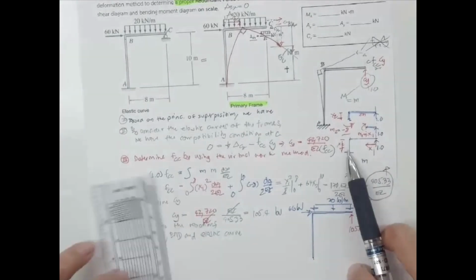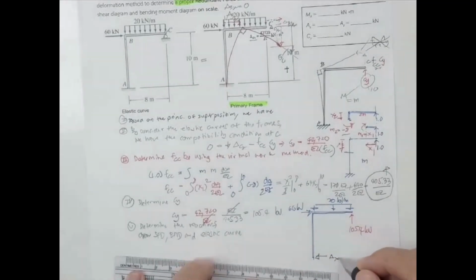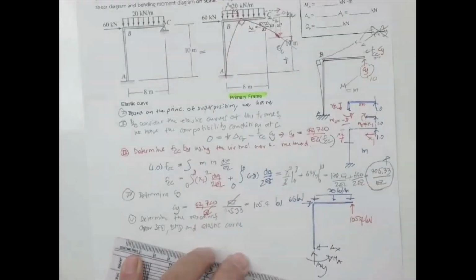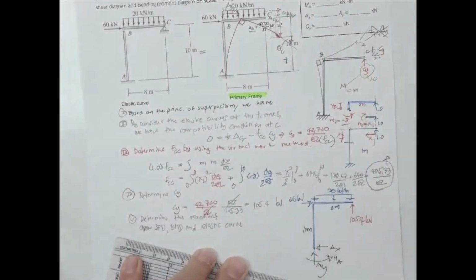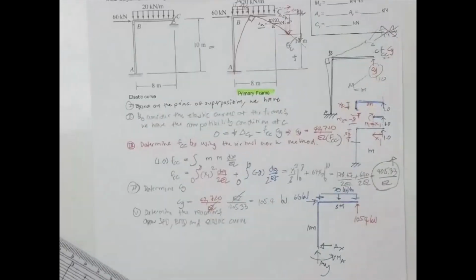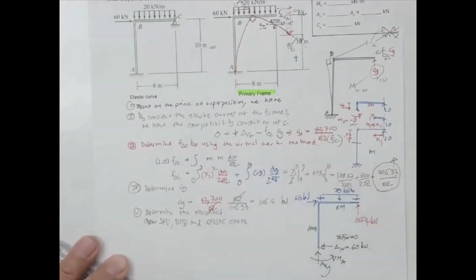And then you have the reactions over here, A sub X and A sub Y, and the moment M sub A. This is 8 meter, 10 meter. You should be able to determine the reactions. Summation of F sub X equal to 0, A sub X is gonna be 60 kilonewton.